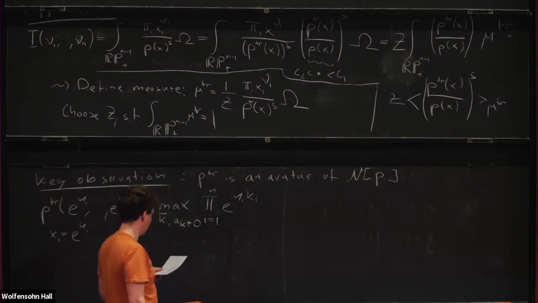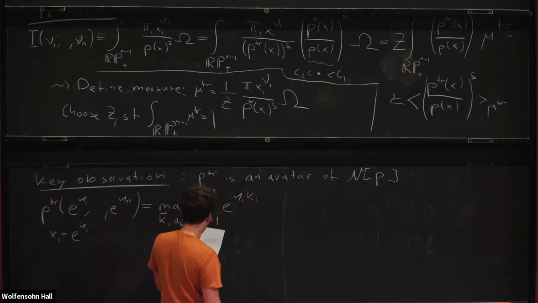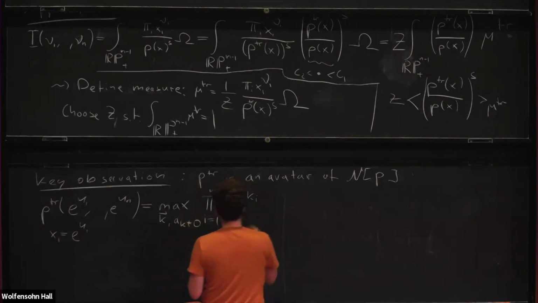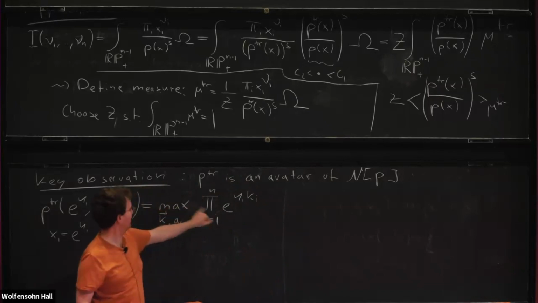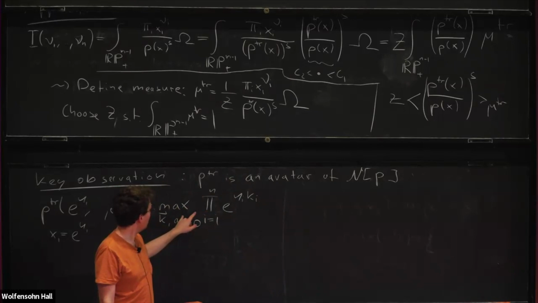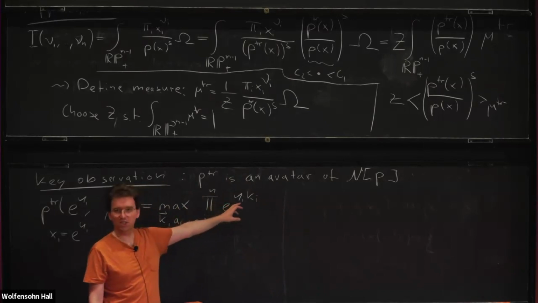Okay, I have to be a bit faster. So we can just pull this maximum, because the exponential is a monotonic function, into the exponential, and we can also pull this product into the exponential.